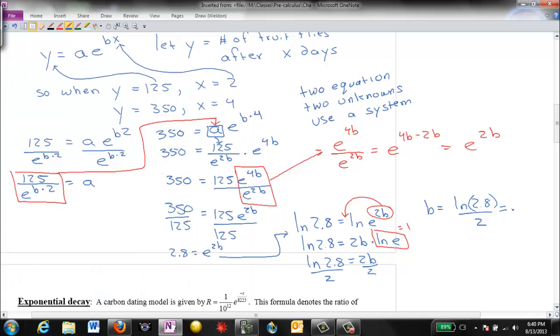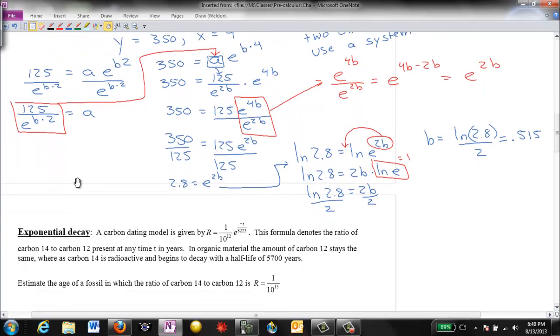So 0.515 equals b. Well, now that I know what b is, I can substitute it back in to find a, right? So I'm going to come back over here. If you don't know what I'm talking about, this guy right here, 125 over e raised to the 2b, now that I know what b is, I can plug that in and find out what a is going to be.